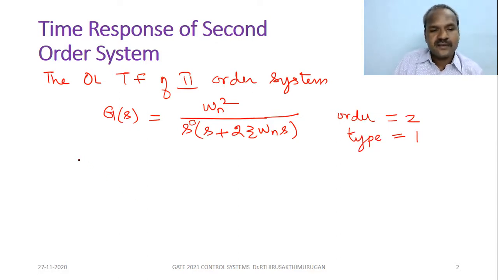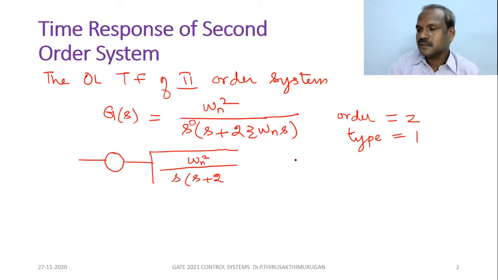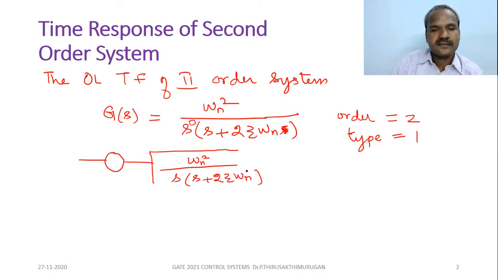So what will be the closed loop transfer function of the second order system? Okay, sorry. This G of S, omega n square divided by S into S plus 2 zeta omega n, is in the forward path.